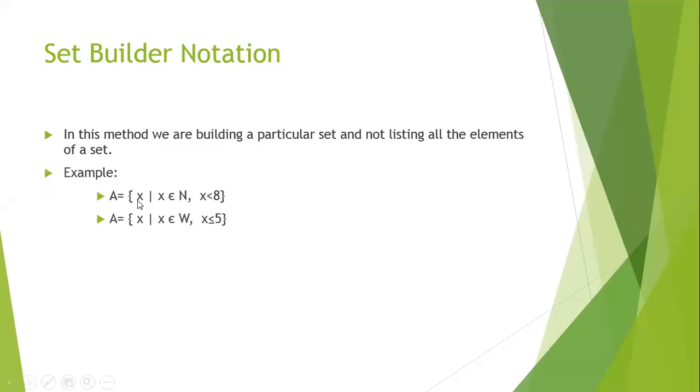Now, this is how we represent a set in set builder notation. Suppose I have to write down all the natural numbers less than 8. How do we write it? A is equal to, where A is the name of the set.